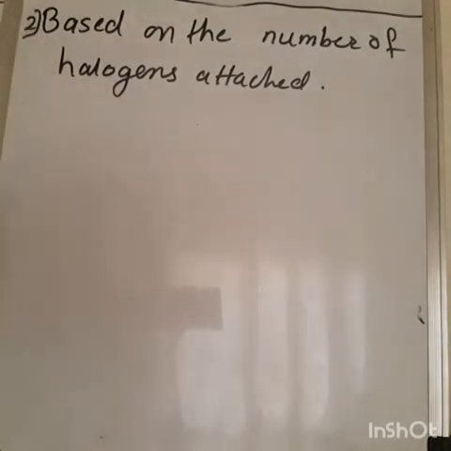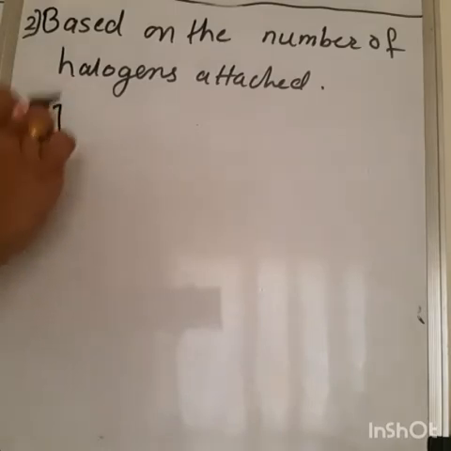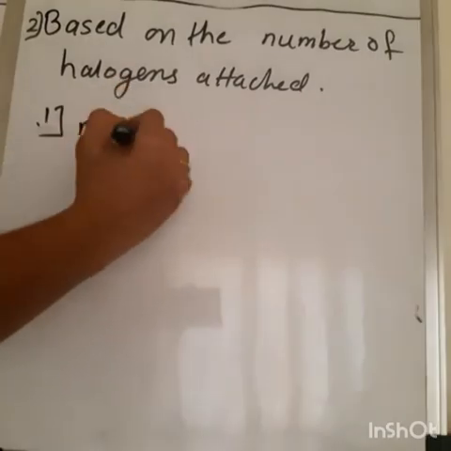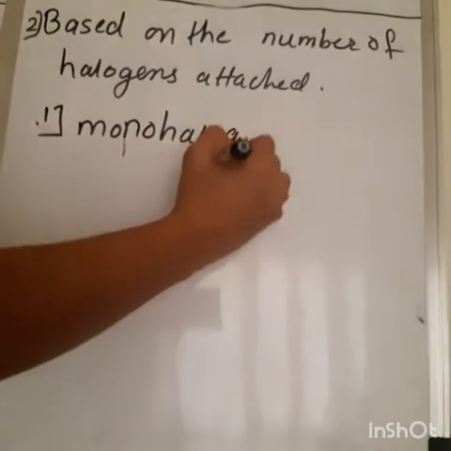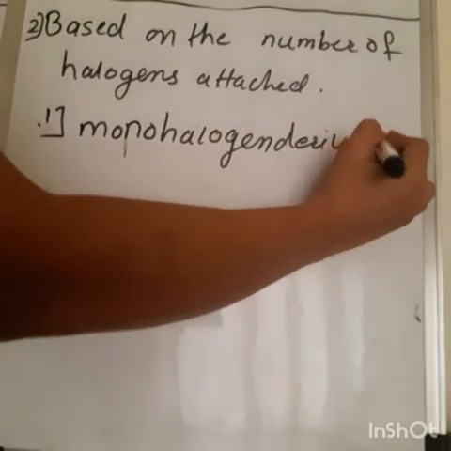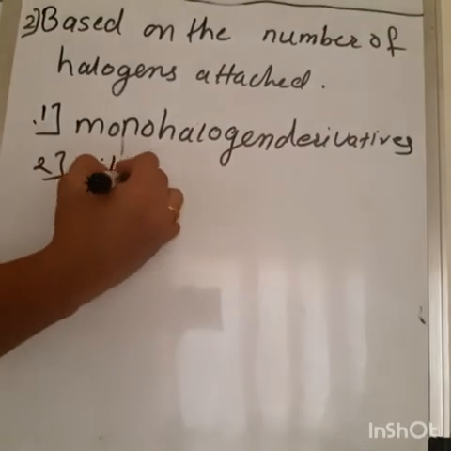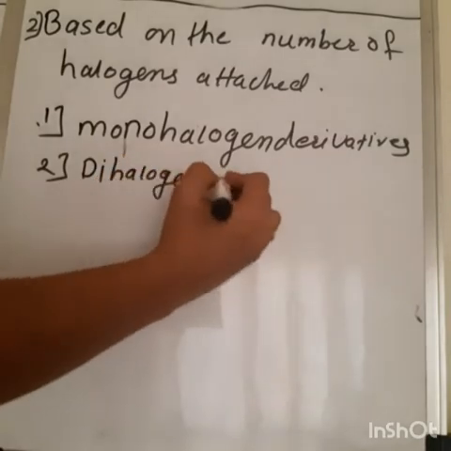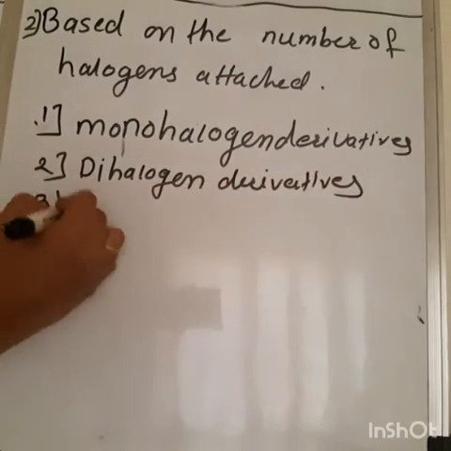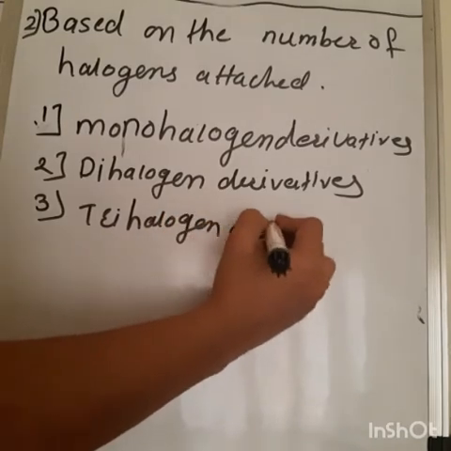It can be seen in three parts. First is monohalogen derivatives. Second is dihalogen derivatives. Third is trihalogen derivatives.